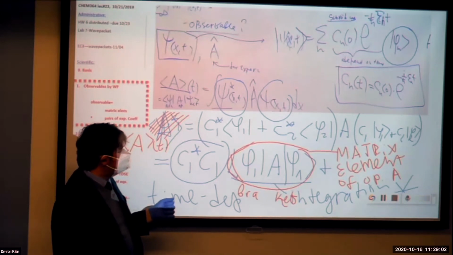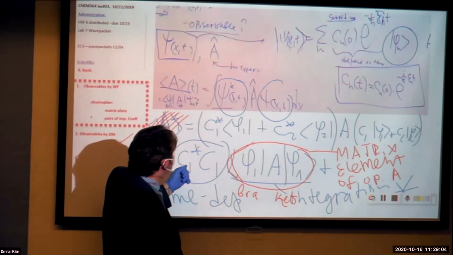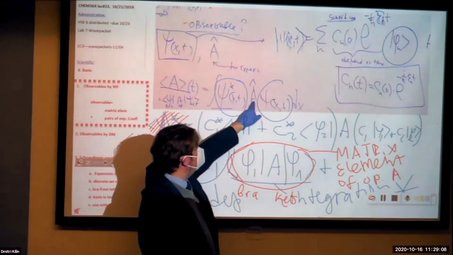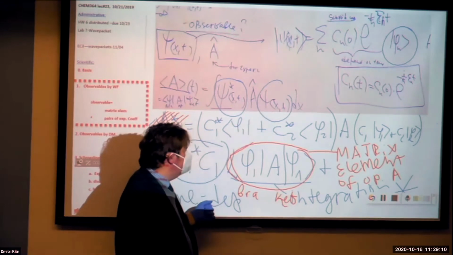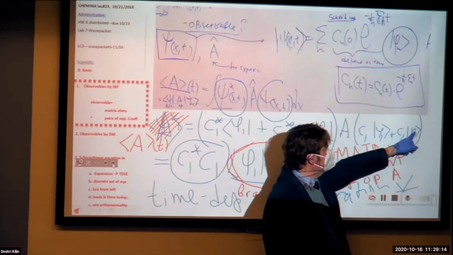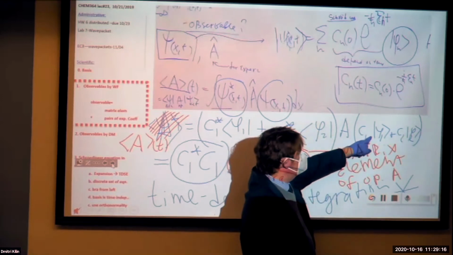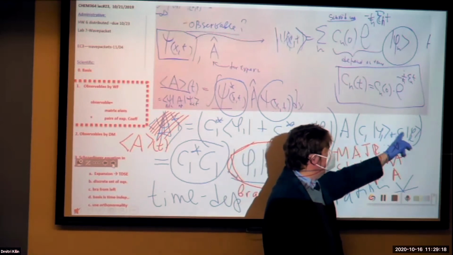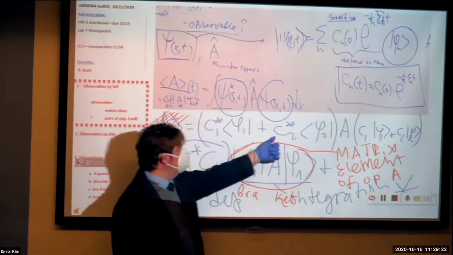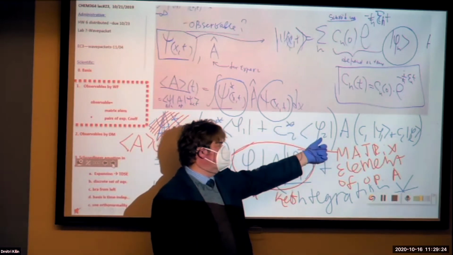So if we are practicing this expectation value in terms of expansion coefficients, then our bra is C1, C2 with wave functions. Ket is C1 star, C2 star with bra functions.